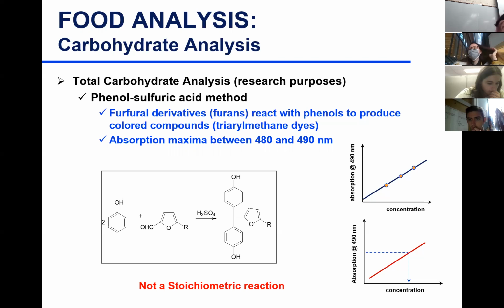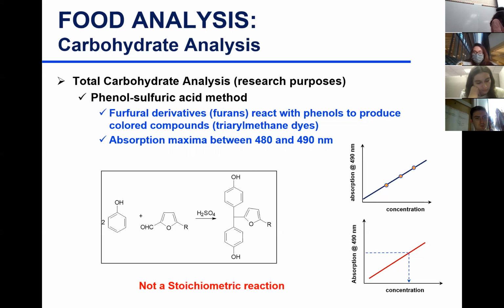Note that this is not a stoichiometric reaction. What that means is the formation of the color, or the compounds that absorb light in this range, depends not only on the concentration but on the structure of our furans. The ketone, for example, is going to give us a different structure than an aldehyde, which gives a difference in the compound formed that absorbs light.